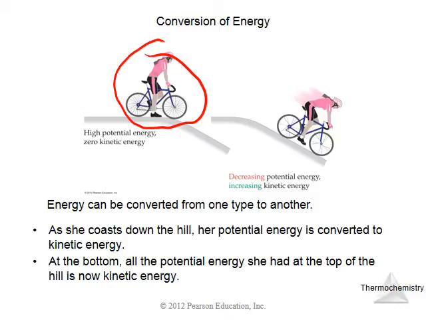The velocity is going to increase as she comes down, because potential energy is converted into kinetic energy, and at the very bottom there'd be no more potential energy, it would all be kinetic energy. So from this example we know that one can convert energy from one form to another.